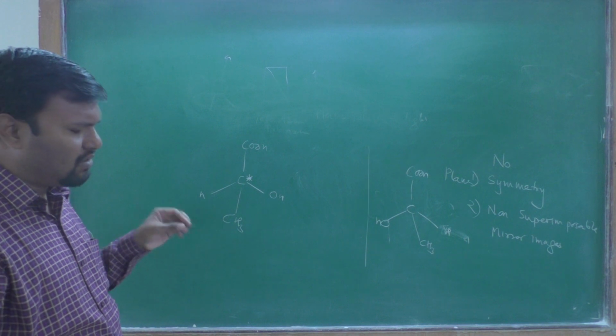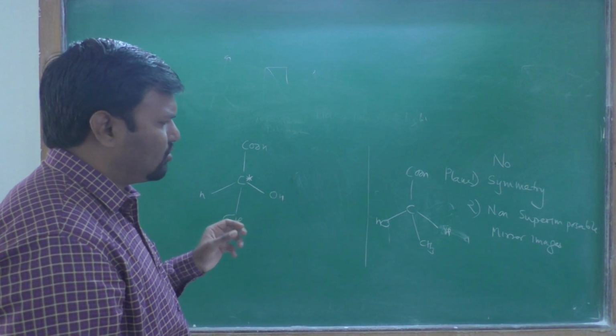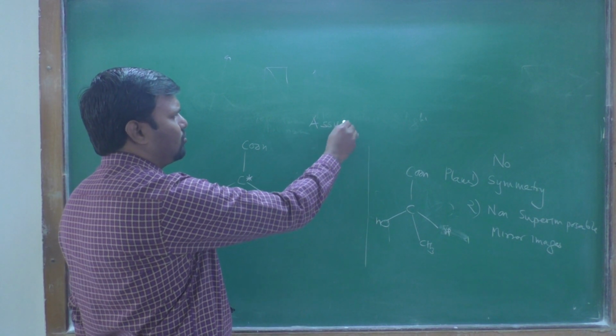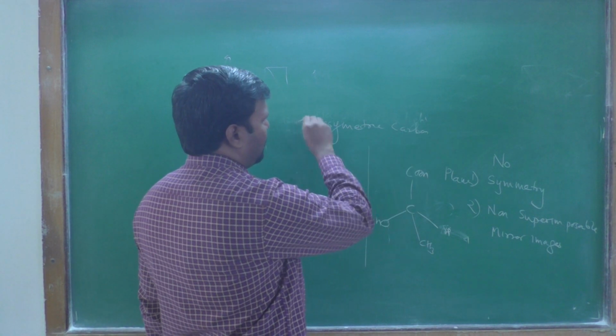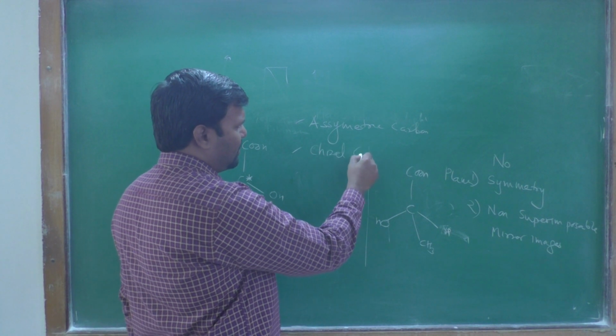That carbon which has 4 different groups attached is called an asymmetric carbon, the word used at the start, or that carbon is also called a chiral carbon or chiral center.